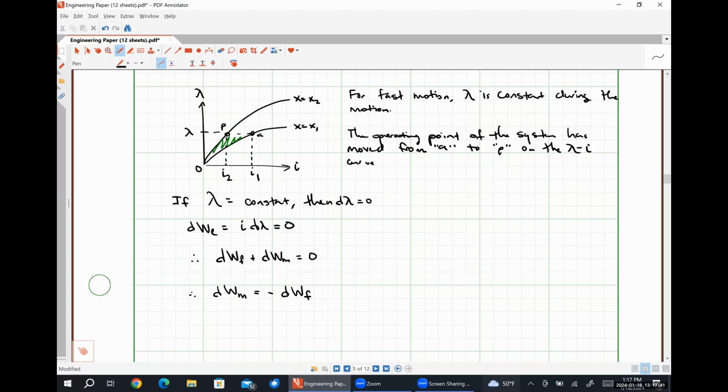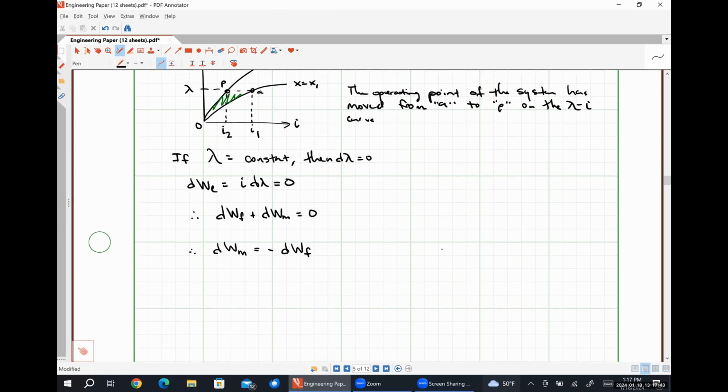From this, our force, Fm, is going to be, and I'm putting in absolute value signs effectively just to get rid of that negative sign. So before we saw Fm, the mechanical force, was a positive thing caused by the increase in co-energy. Now we're seeing our mechanical force is due to a decrease in field energy. And because I don't want to have to worry about the signs, I'm just putting absolute values here.